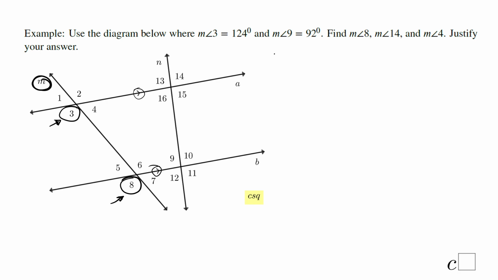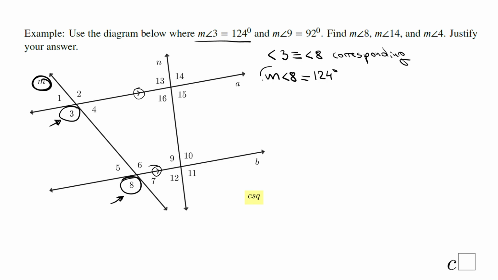So I'm going to say here, angle 3 is congruent with angle 8, and again they are corresponding. So the measure of angle 8 will be the same as the measure of angle 3, which is 124 degrees.